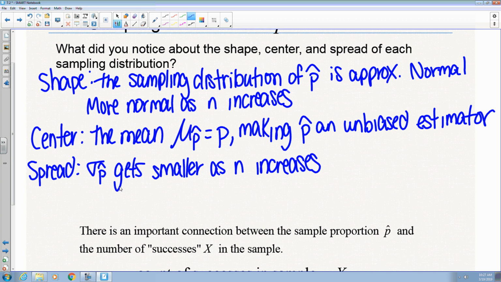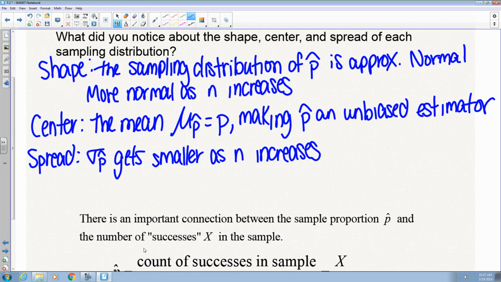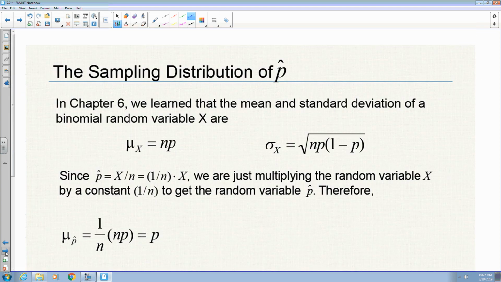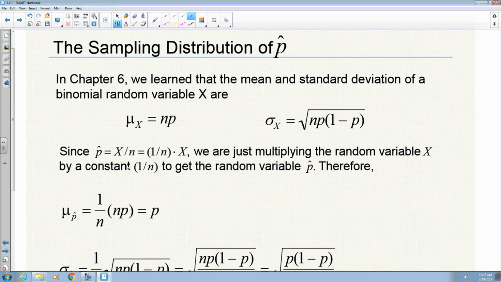Okay, so the sample proportion p hat is directly related to the number of successes, because p hat is calculated by taking the number of successes in the sample divided by the size of the sample. That makes sense. So we learned these things about the binomial random variable x, mu and sigma for the binomial.